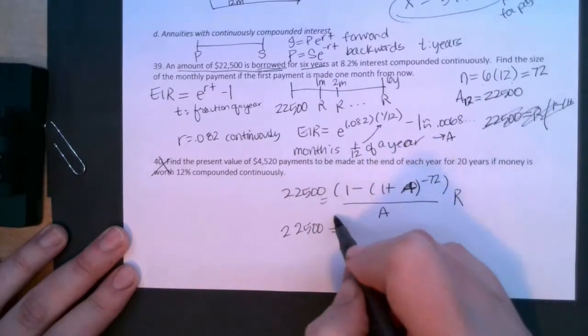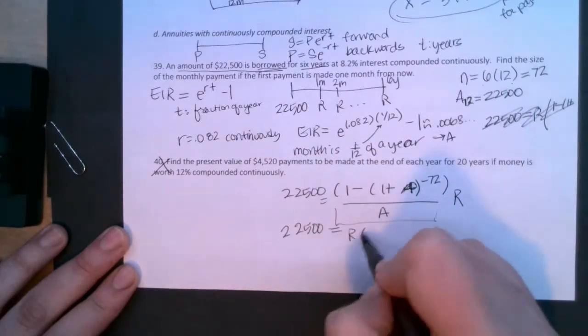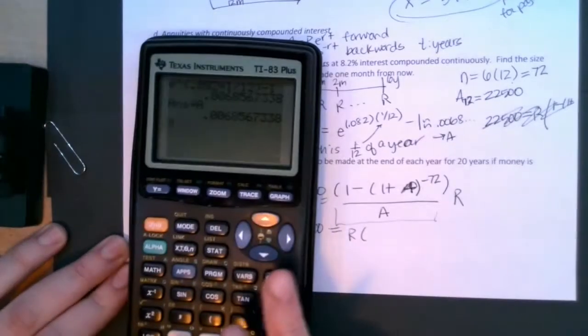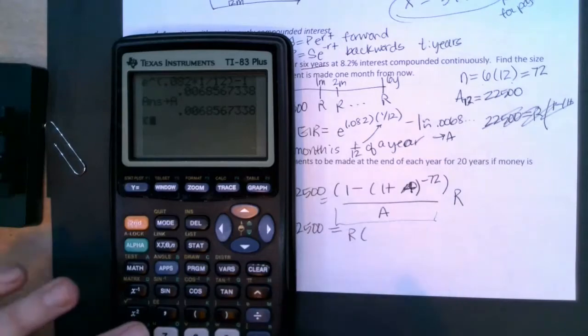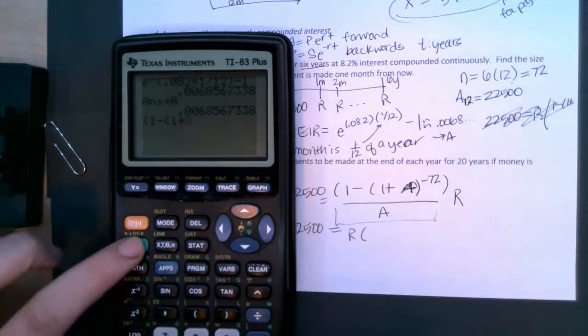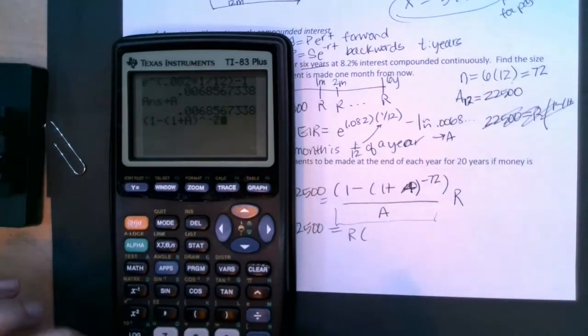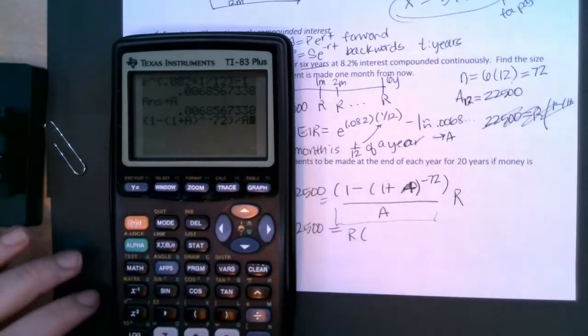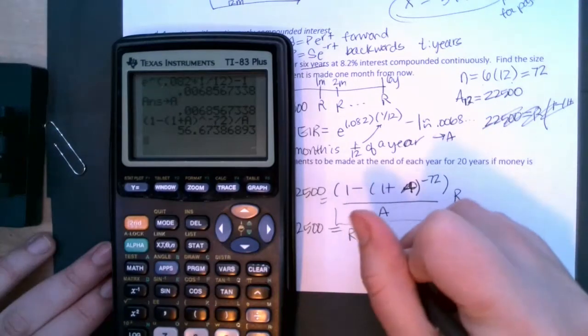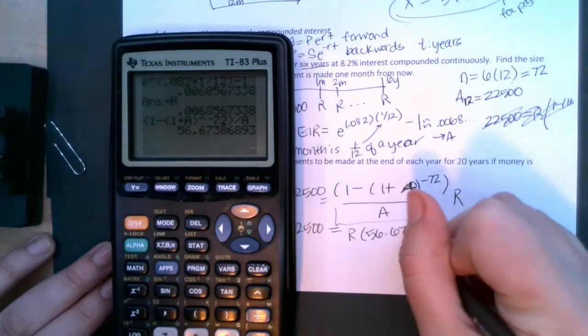So again, just to be consistent, I'm going to find whatever this coefficient is for R first using my A. So I do 1 minus 1 plus A to the negative 72 divided by A. So we get 56.67.